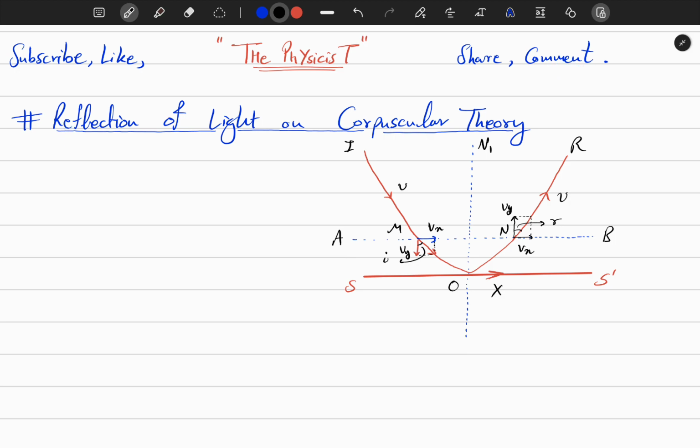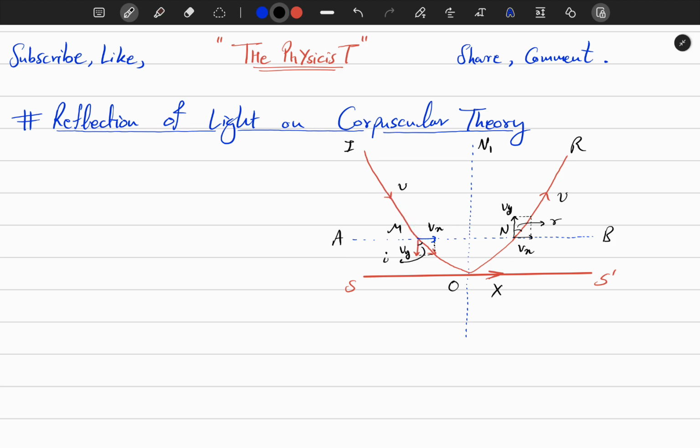So in this video we are going to study the reflection of light based on the corpuscular theory. Okay, so for this we consider a reflecting surface as S dash, and let us consider a corpuscle which is coming towards the reflecting surface, and it is coming through this path IM.